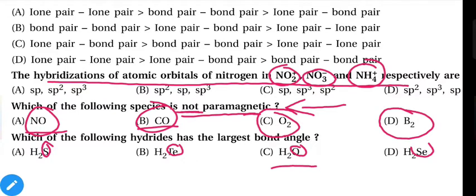You have to arrange them in increasing order of size first, and then the smallest atom will have the largest bond angle and the largest atom will have the smallest bond angle. But why? We can say that oxygen will have the highest bond angle because it is smallest in size. The reason is that because of the smaller size, electron pairs are comparatively closer.